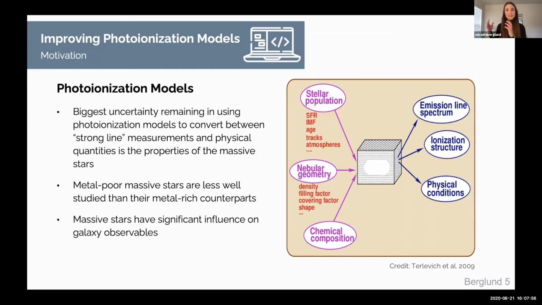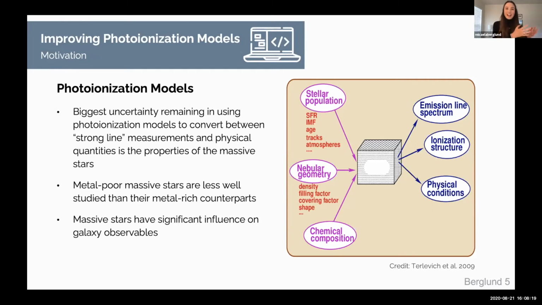So we have these galaxies that are far away that we want to have better models for. But we can't just look at the galaxies and learn more. We don't have the observational ability to do that robustly now. So what we do is we find what we call local analogs. We find galaxies that are near to us that have similar extreme spectral fingerprints as the galaxies that are far away.